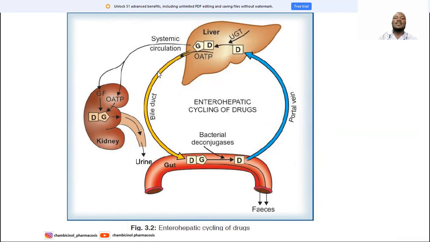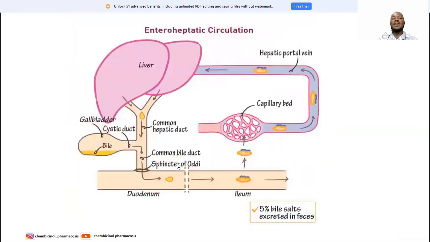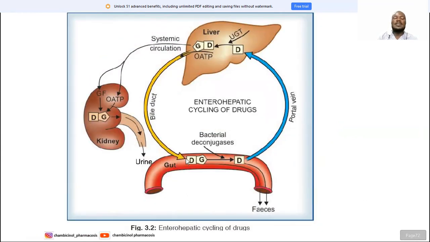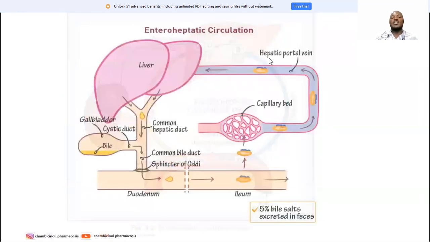Instead, it will be excreted via the bile and discharged into the small intestine, where it will be degraded by the bacteria in the gut, and the glucuronide molecule will be excreted through feces, whereby the drug will undergo the same fate of absorption, repeating the circulation to prolong the duration of action.